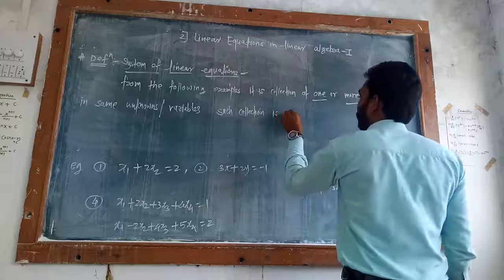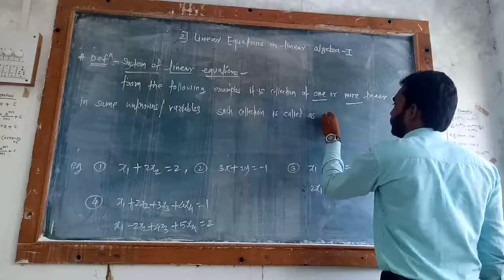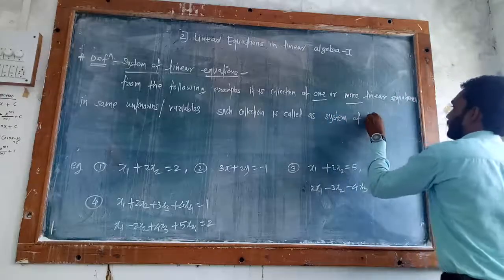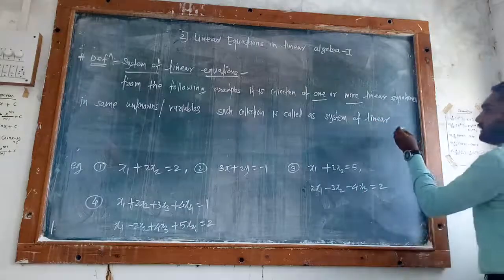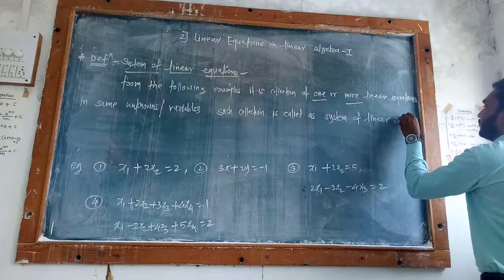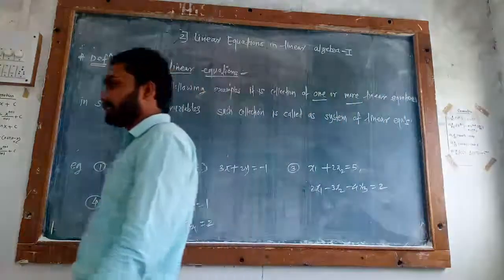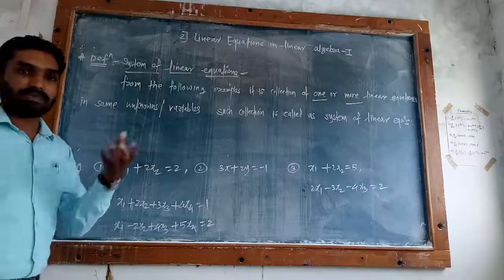Such a collection is called a system of linear equations. What is a system of linear equations?